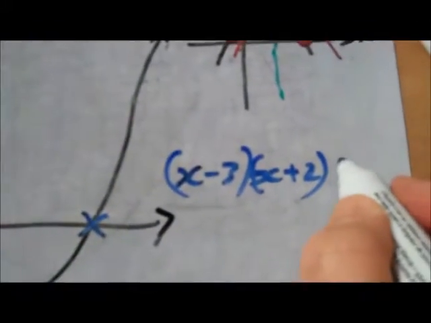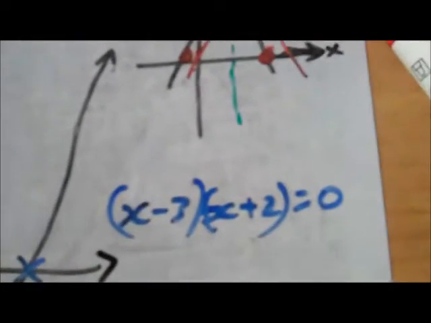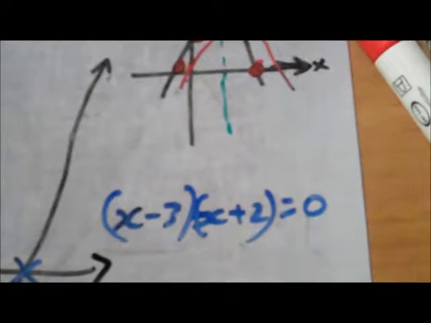So what I'm asking you is: x minus 3, x plus 2, when does that equal 0? Because that's these two points right here. So what values would give me 0?